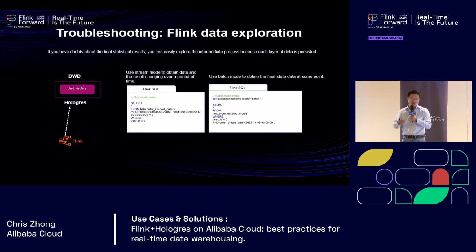It supports SQL query and powerful SQL syntax, so we can make troubleshooting and data exploration more flexible and simpler. Yeah, in Flink, we can use stream mode or batch mode. For the stream mode, we can see the change logs. And for the batch mode, we can see one snapshot at one moment. Yeah, we can see the result at some point. Both can support our data exploration and troubleshooting.